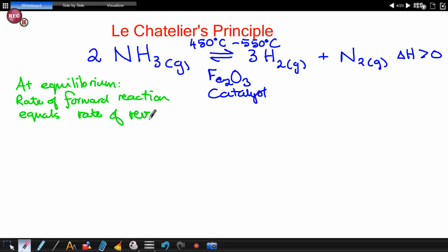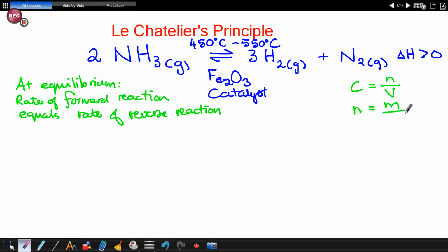You said when in equilibrium, there will be no observed change in the reagents. Yes, because the amount of ammonia won't change. By amount, are you talking about the mass, the concentration? Mass, mole, concentration. Concentration is technically the amount per unit volume.